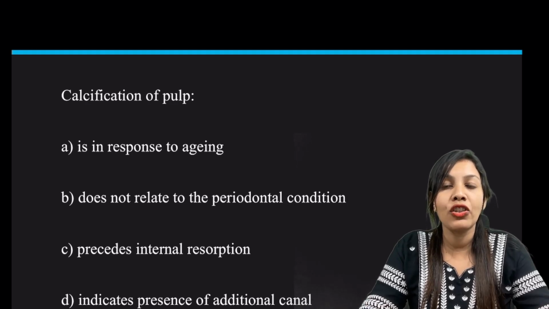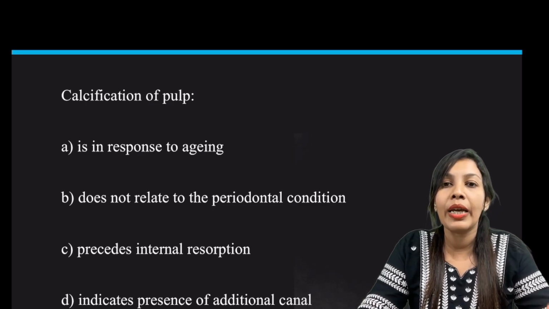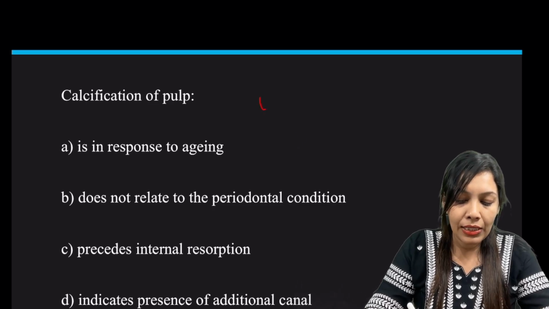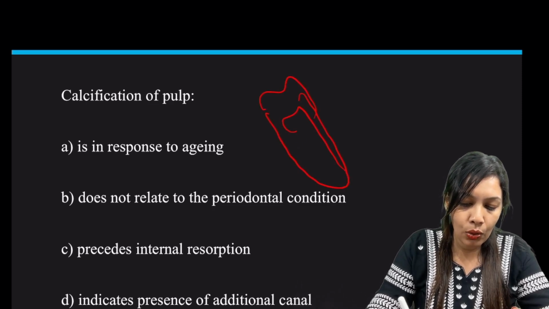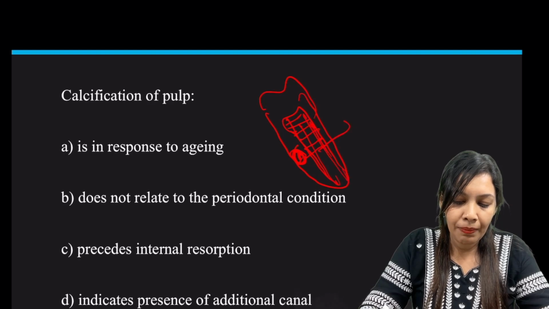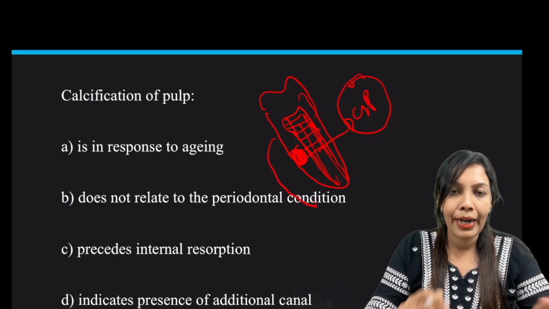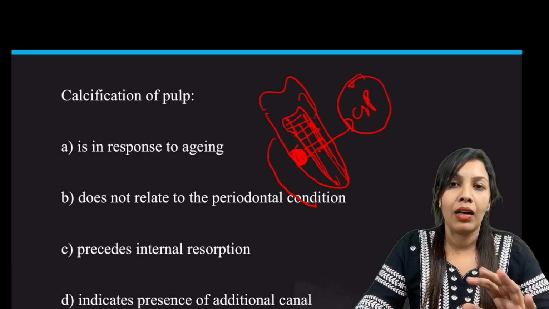Resorption: the classical feature is pink tooth. Pink tooth of Mummery is a classical feature of internal resorption. How we treat internal resorption: this is the internal resorption that is taking place in the tooth here. What we do is root canal treatment, where we remove all the pulp and fill this with gutta percha. Before the gutta percha filling, here we will either reflect the flap and do an MTA obturation.